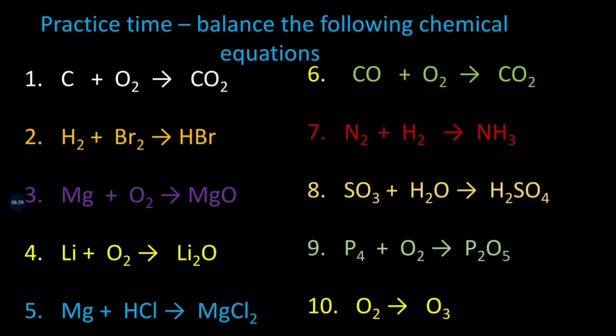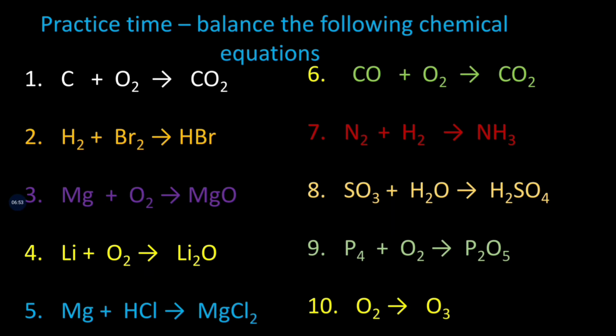At this time you can pause the video and practice by balancing the following chemical equations. Okay, 10 equations that need to be balanced. Remember, do not change any of the small numbers. Do you see small numbers involved in these substances?